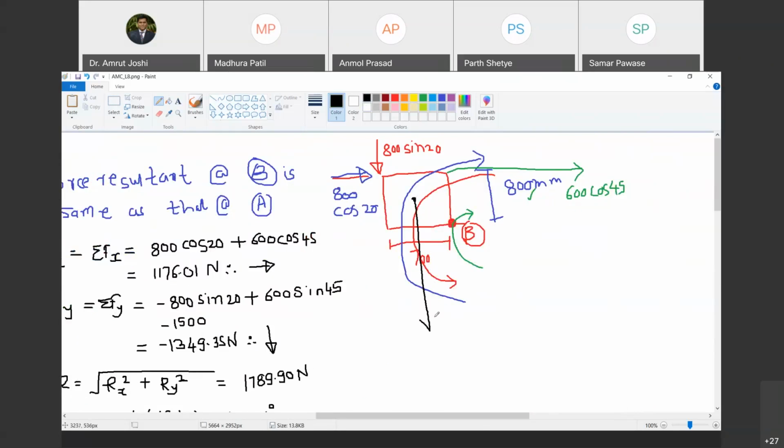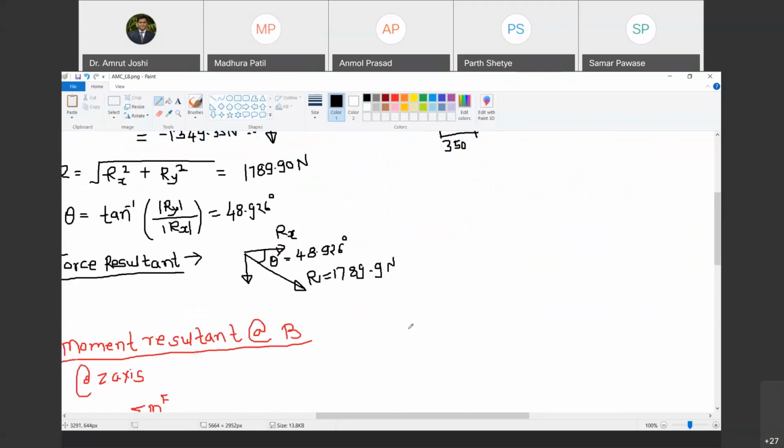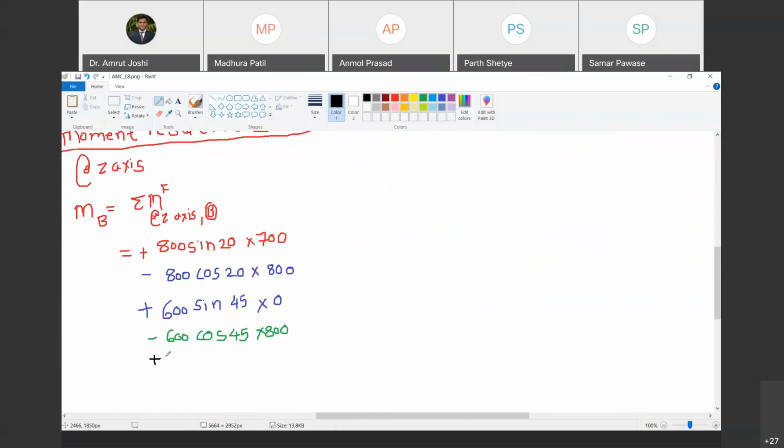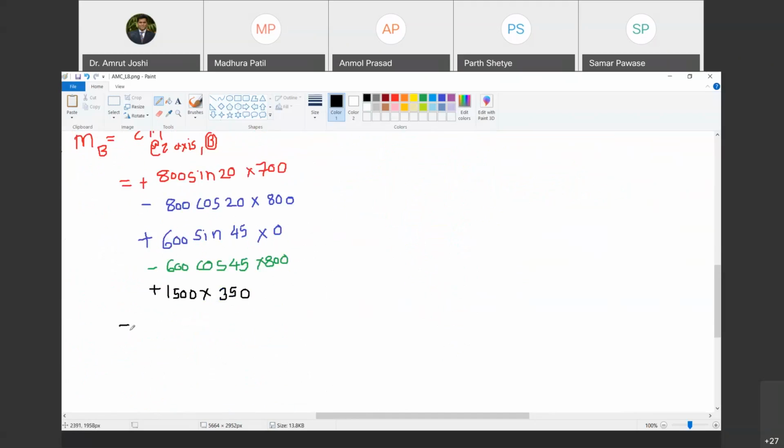So this is how much? 1500. Do you agree with me? Yes, sir. What is this distance? 350. What kind of moment does it produce about B? Anti-clockwise. So therefore, I am going to have plus sign, plus 1500 into 350. Yes. Happy? Yes, sir. So, अब बताओ, what is the answer?